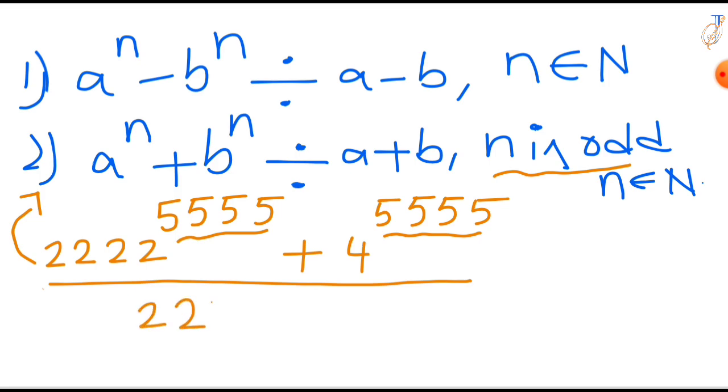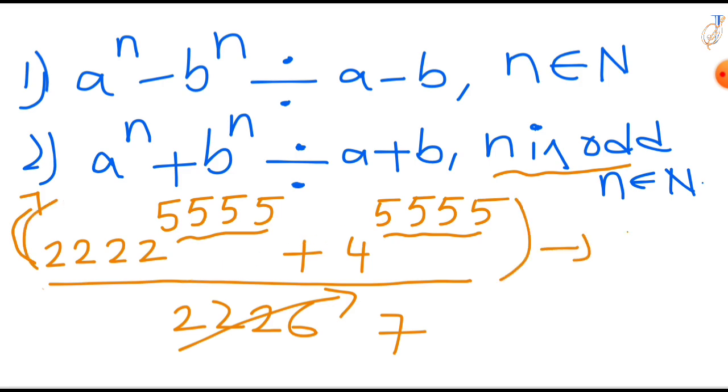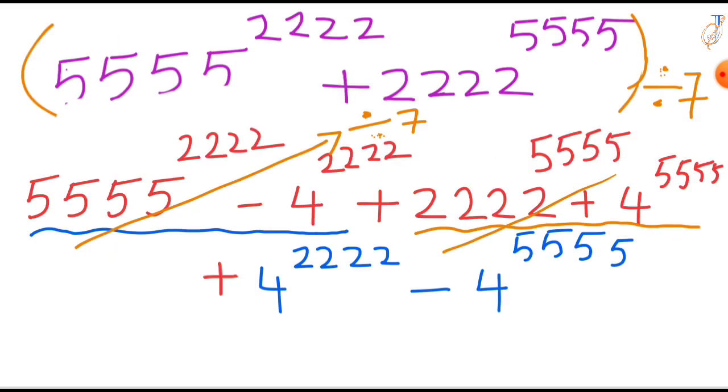Our a value is 2222, b value is 4. After adding, you will get 2226, which is completely divisible by 7. When the denominator is completely divisible by 7, the numerator is also completely divisible by 7. So we can say that the second two terms are also divisible by 7.